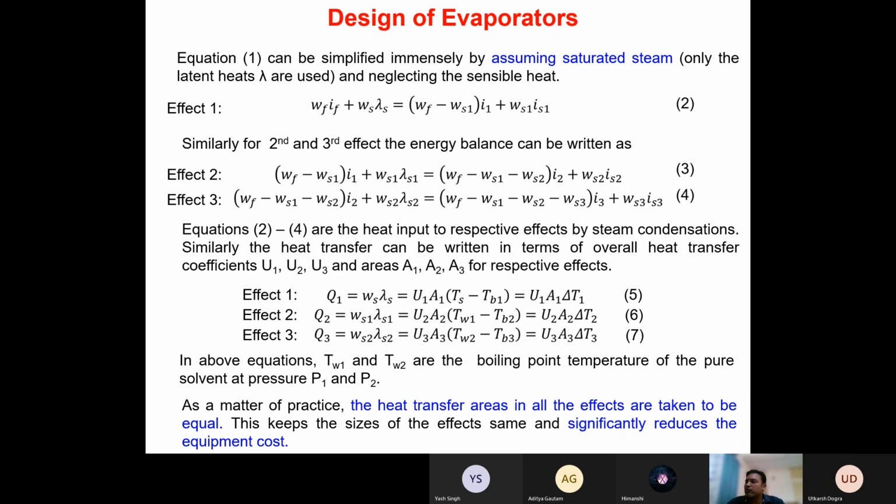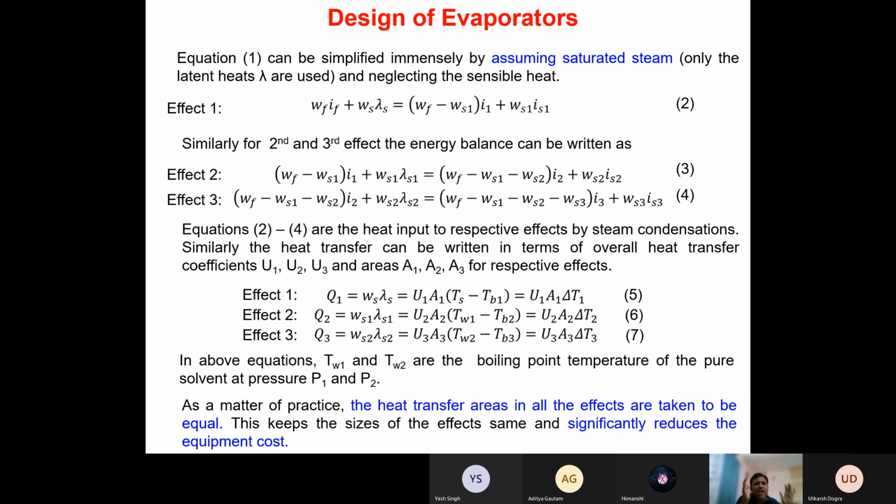Now, this is what we have seen in the last class. The most important part to note down in the evaporator is, if I am the manufacturer of the evaporator and I wanted to design the multiple effect evaporator, what will I do?